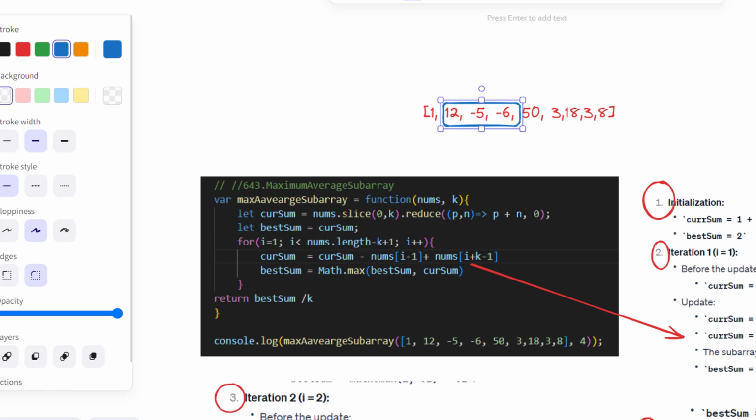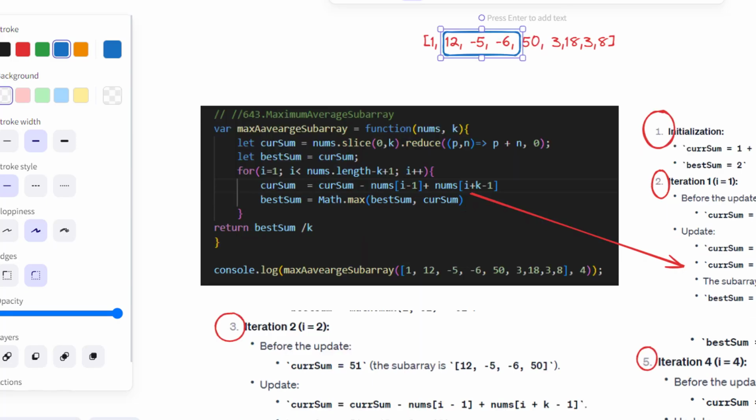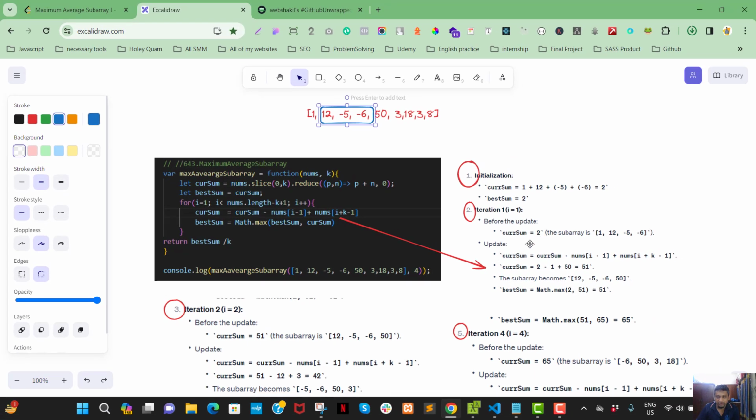You see, in the first iteration, the initialization will get the number 2.